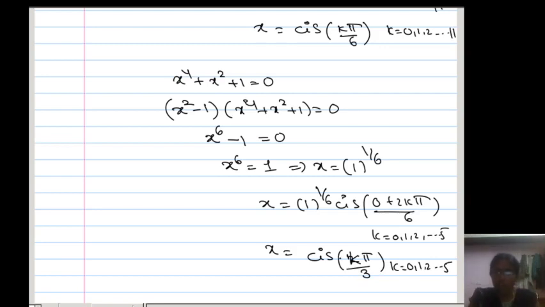So how many solutions? 6 solutions. What are the solutions? If k is equal to 0, if k is equal to 1, if k is equal to 3, you get cis π, which gives one answer, minus 1. If I take 0, cos 0 is 1, so you get 1. Total 6 solutions.